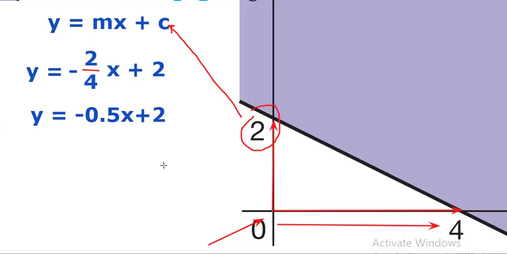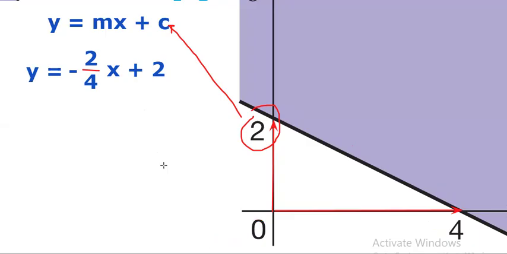Now, we can use another method to find if the gradient is negative or positive. The other method is about starting from the y-intercept, going one positive x, like this, and then checking. If the line is under you, it means the gradient is negative. If the line is on top of you, it means that the gradient is positive.